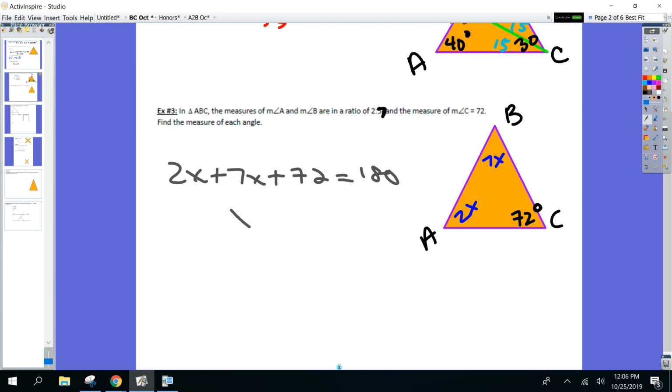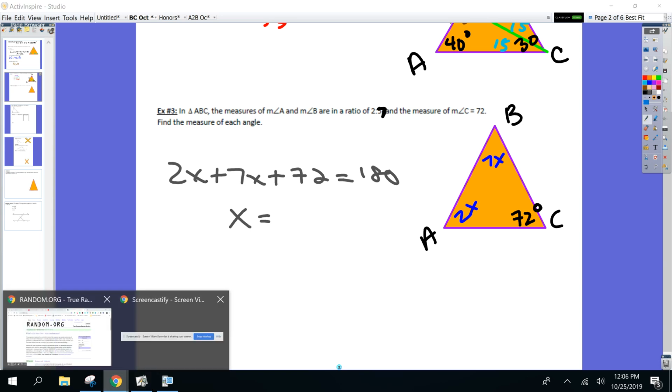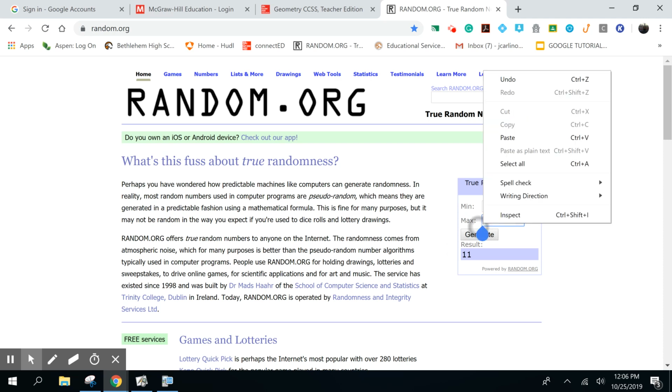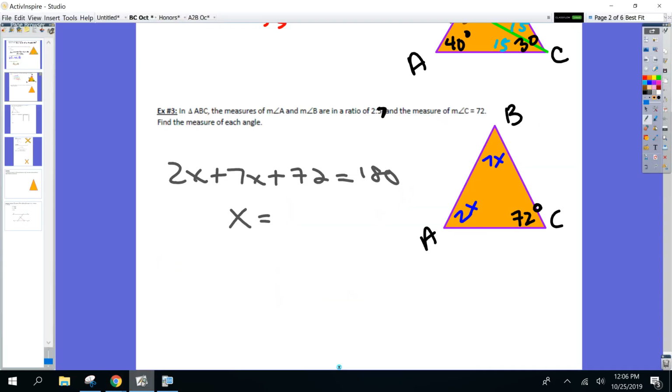We can find x. When you're ready, what'd you find for x? 12 is correct.